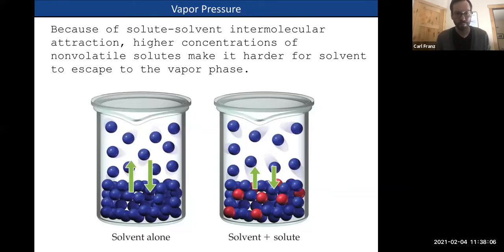So things like acetone would be volatile, or chloroform is an example of a volatile chemical. Ether, these things evaporate quite readily. So assuming it's not something like that, the higher the concentration, the harder it is for the solvent to escape into the vapor phase. Okay, keep that in mind.